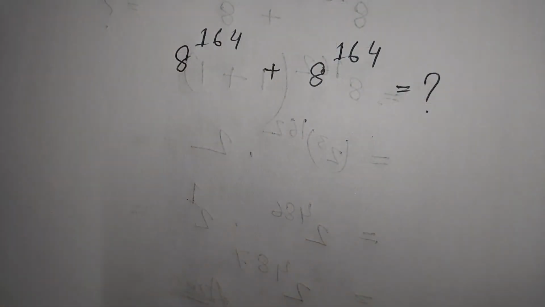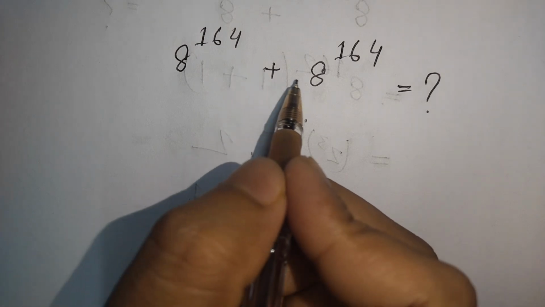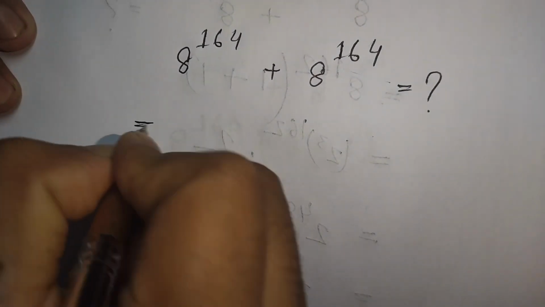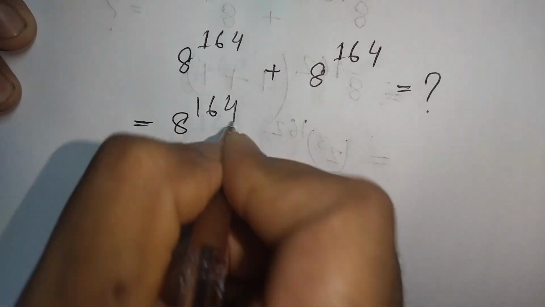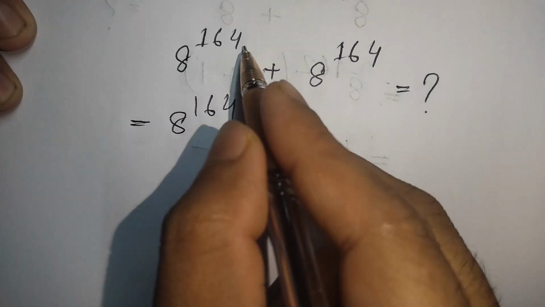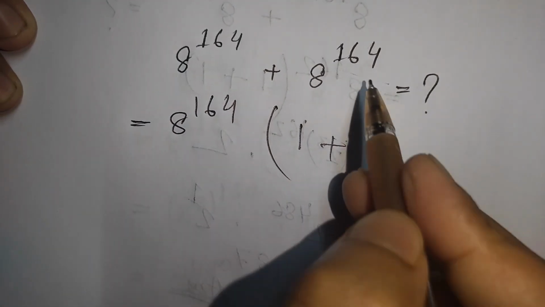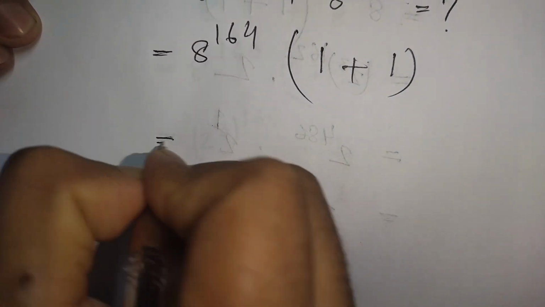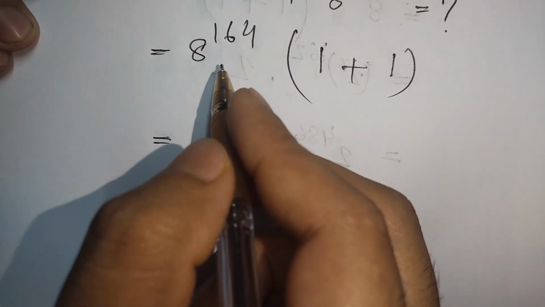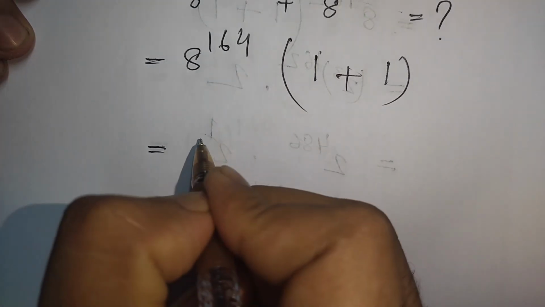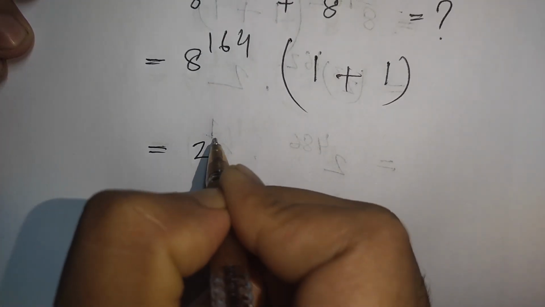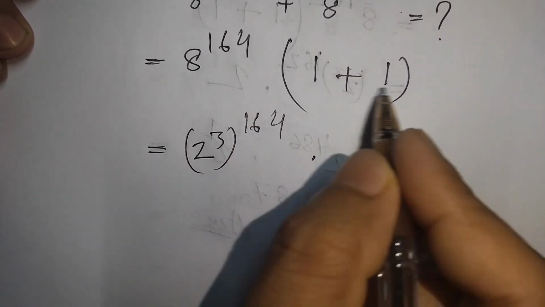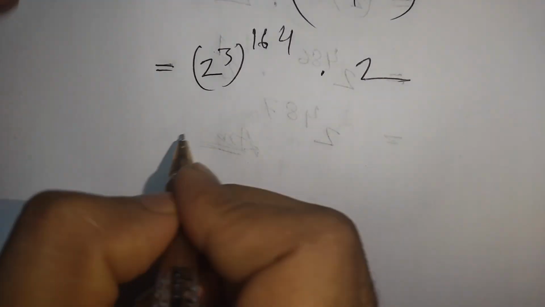So this is how to solve a to the power 164 plus a to the power 164 is equal to what? At first we take common a to the power 164, first bracket start, this divided by this, that means 1, plus this divided by this, that means 1. Now a to the power 164, that means the same as 2 to the power 3, bracket power 164, times 1 plus 1, that means 2.